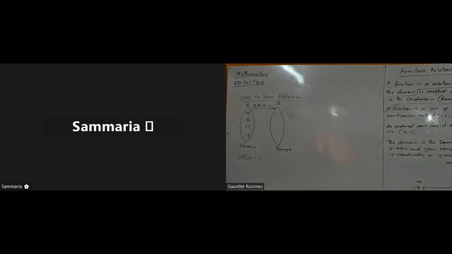When we work that out, 2 5s, 10, plus 1, 11. So right away, we see that 5 is mapped onto 11. Same thing for 8, plug in 8. 2 times 8 plus 1, 2 8s, 16 plus 1, 17.